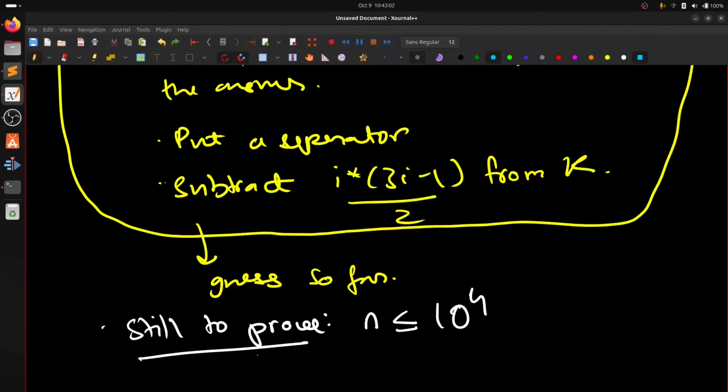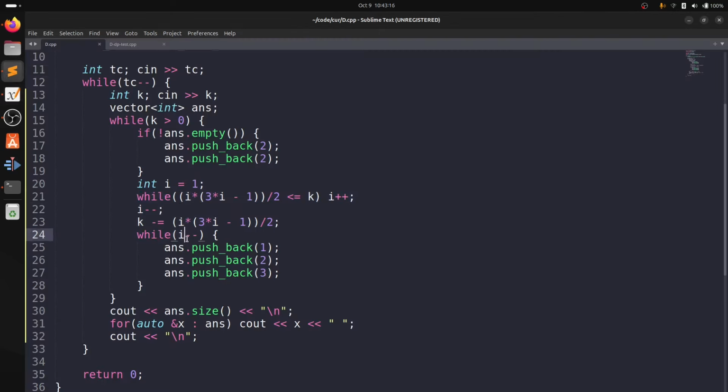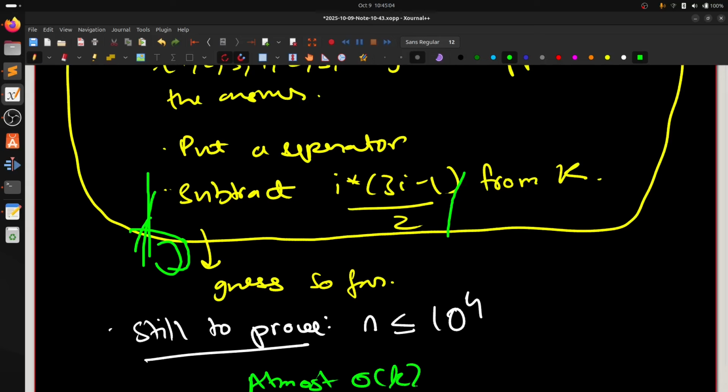Probably it will be much lesser than big O of k because we're subtracting large numbers from k again and again. But at most, the time complexity will be big O of k.